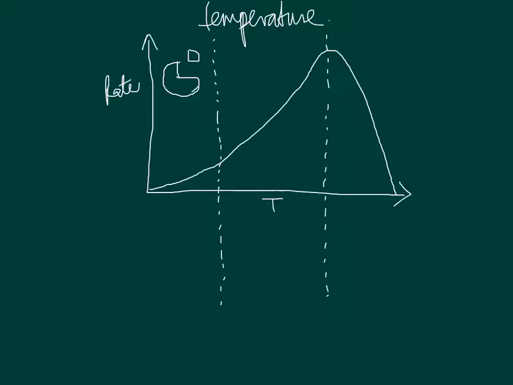Now, what is happening in this initial stage, when the temperature is low, is that there is low kinetic energy. Because of that, there are few collisions between our enzyme and the substrate.